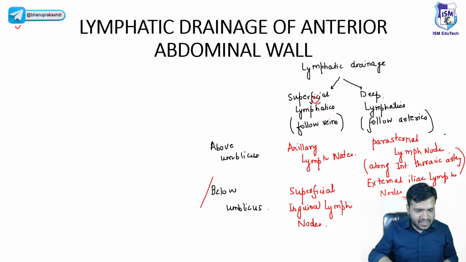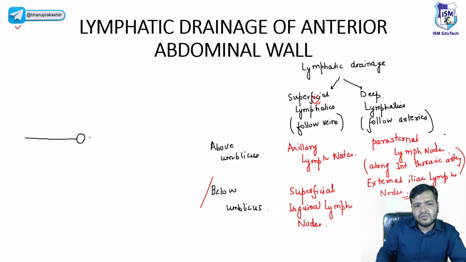So it became clear to you in one picture, okay? Now, if you want me to draw this particular diagram as well, you already know we have the level of the umbilicus, so above the level of the umbilicus and below the level of the umbilicus. Let us take this point as the xiphoid process.